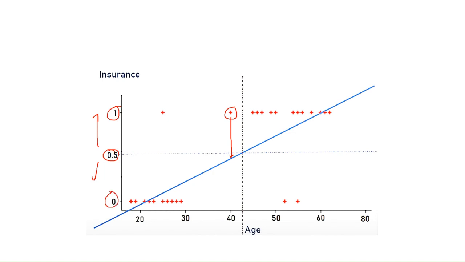We are using a linear regression algorithm and specifying a threshold of 0.5. All the values above 0.5 will be classified as class 1. All the values below 0.5 will be classified as class 0.